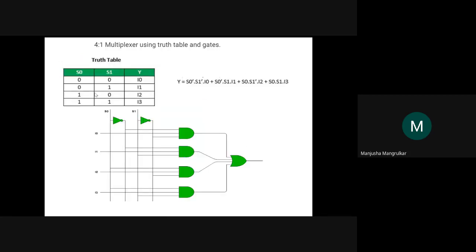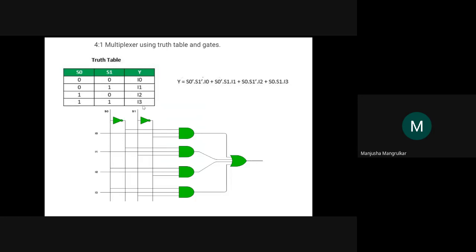Now we'll see the multiplexer of 4 is to 1 using a truth table. The selector lines S1, S0 are 00, 01, 10, 11. It will select input 0, input 1, input 2, and input 3.